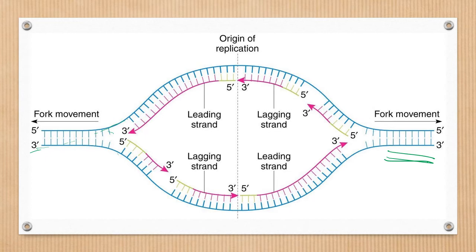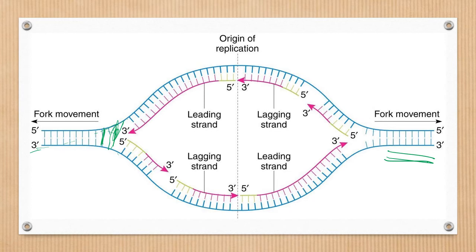Be careful. Now see here, small gaps are there. These hydrogen bonds are broken by helicases, and the unwinding is done by helicases.